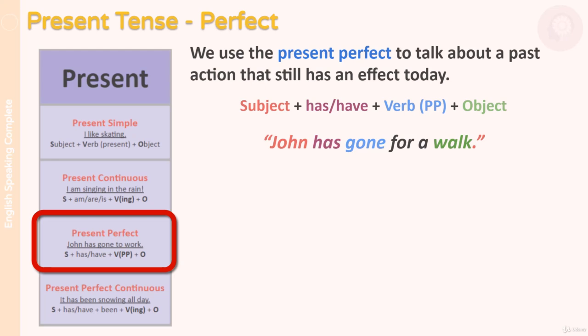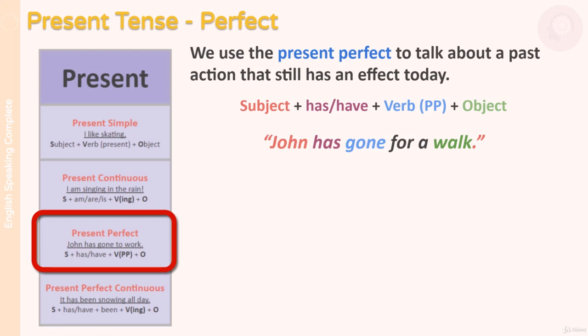He has left and he is not here now. So my subject is John. Because this is third person singular pronoun, I use has. John is a he. John has gone. V1, go. V2, went. V3, past participle, gone. John has gone for a walk, just a noun at the end, walk.